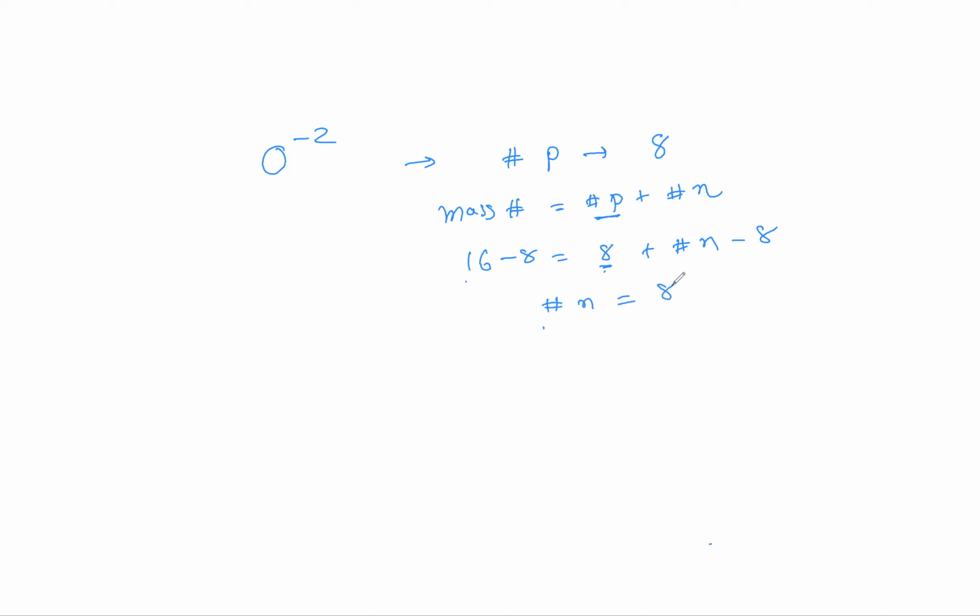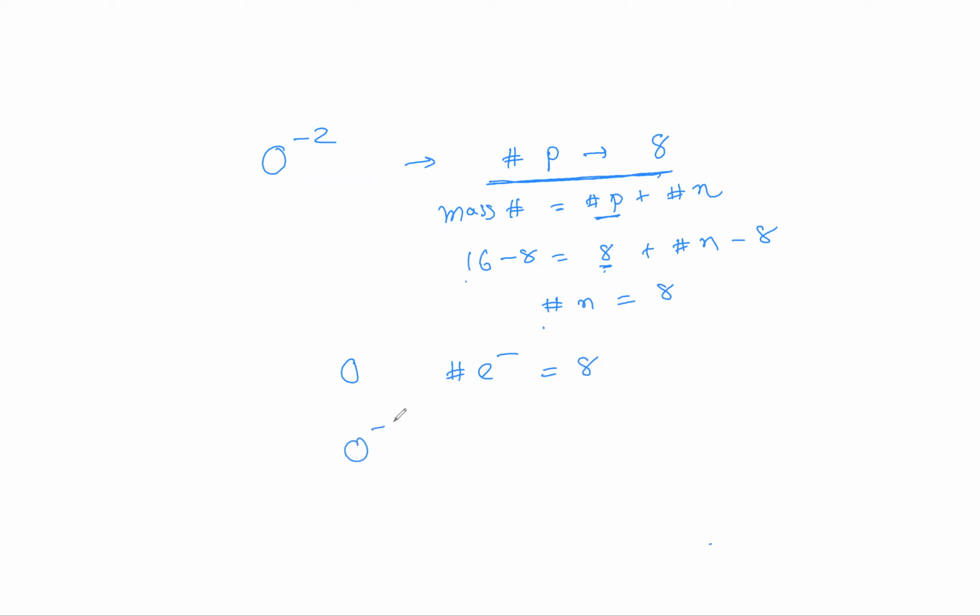This is true even if we are talking about oxygen itself, or we are talking about O -2, which is an ion. The only difference is in terms of the number of electrons. If we are talking about oxygen itself, then the number of electrons is going to be the same as the atomic number, or the same as the number of protons. So it's going to be 8.